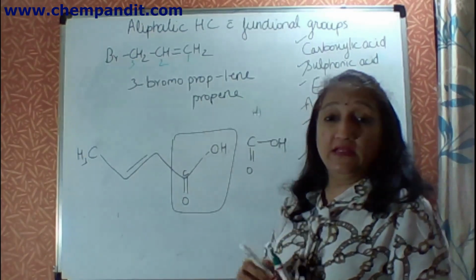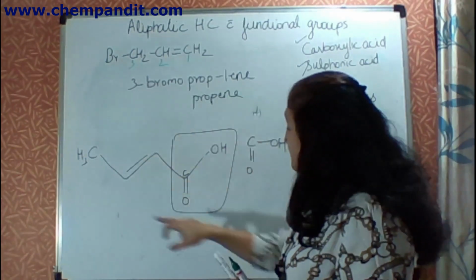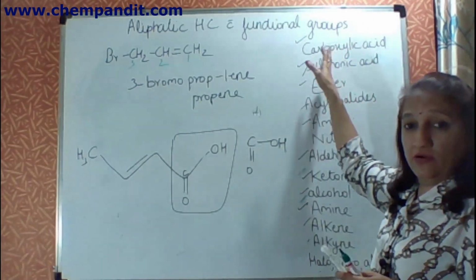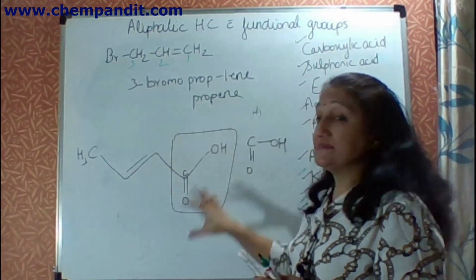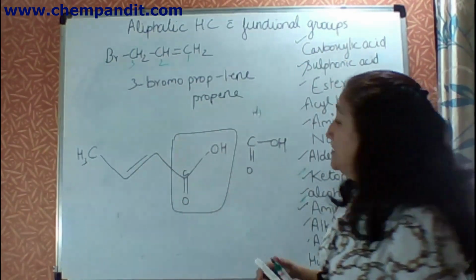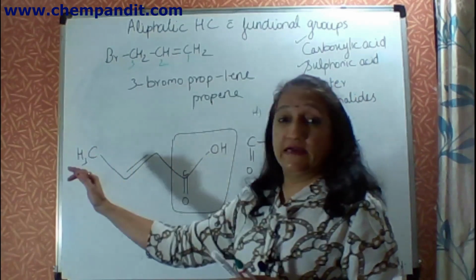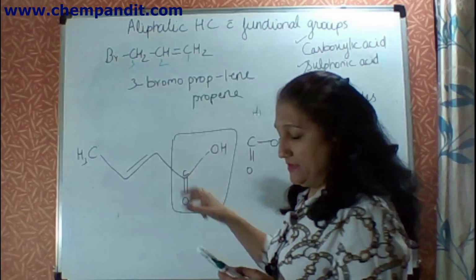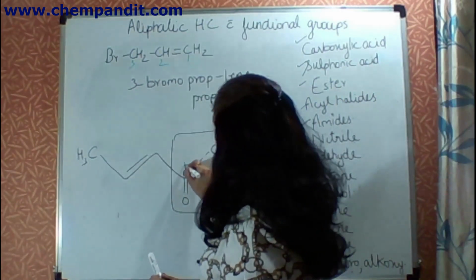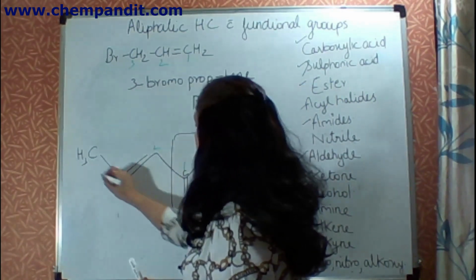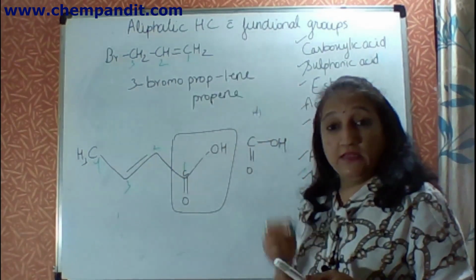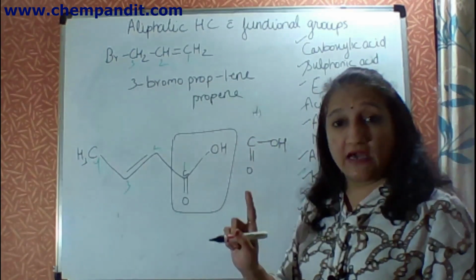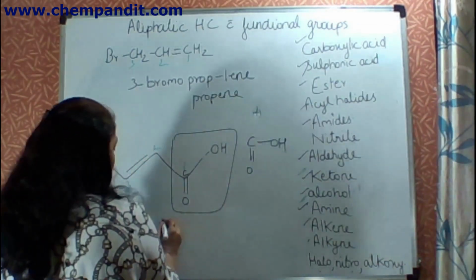So again you know that in this compound carboxylic group is on the top of the priority order. Clear? So this will be treated as an acid. So the numbering will be done in such a way that the carboxylic acid group gets the lowest number. Clear? So let's number the compound as 1, 2, 3 and 4. Now what will be the name of this compound? Since we have 4 carbon atoms, the root word will be but.